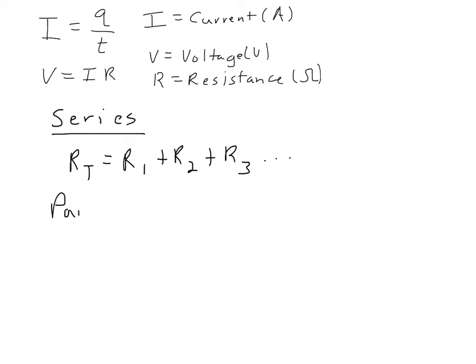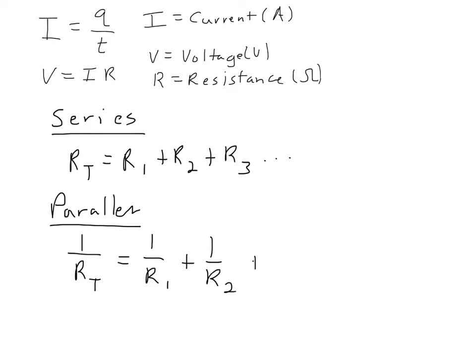In parallel, our equation is 1 over the total resistance, and total resistance is also called equivalent resistance, equals 1 over R1 plus 1 over R2 plus 1 over R3 for however many resistors we have.